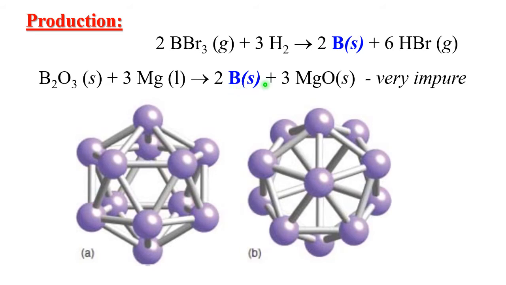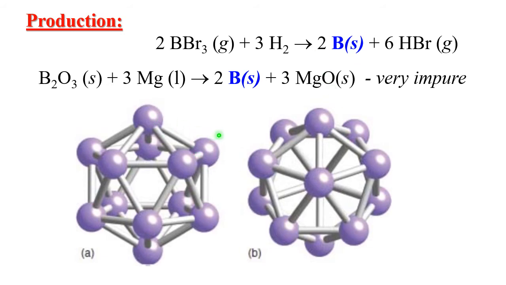So the next step would be to convert this boron into a halogenide, tribromide for example, distill it, and then reduce it with hydrogen, receiving much more pure solid boron, which next can be purified by different other designs to achieve very high purity when necessary.